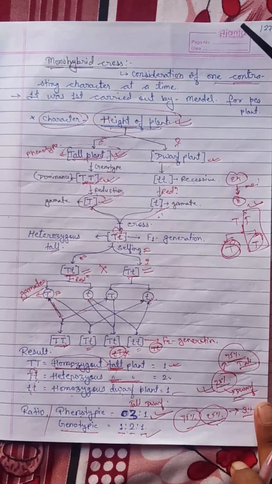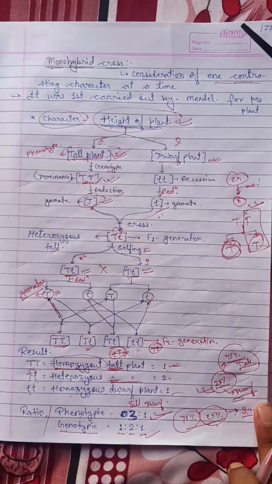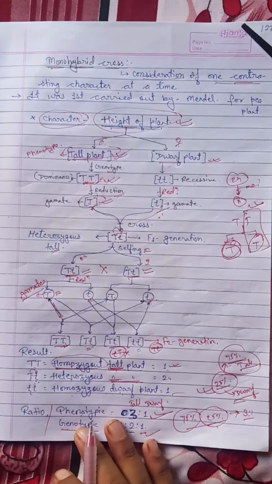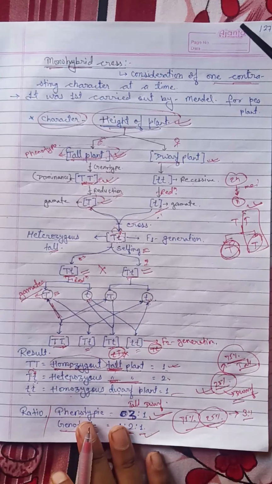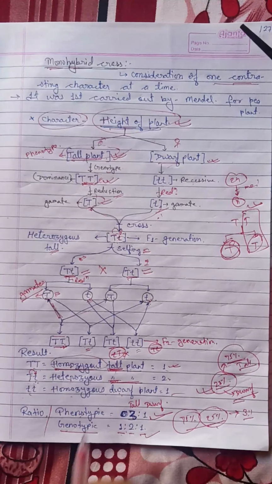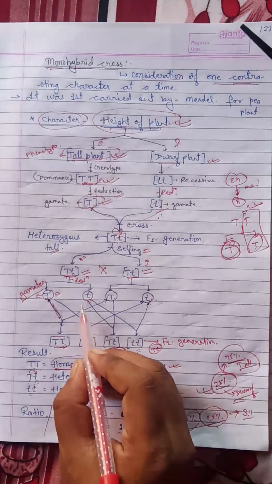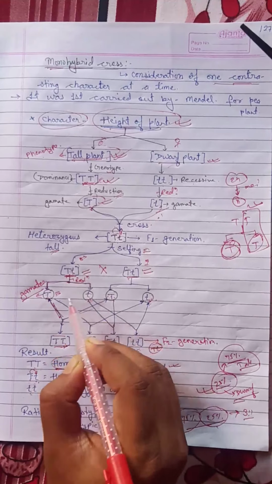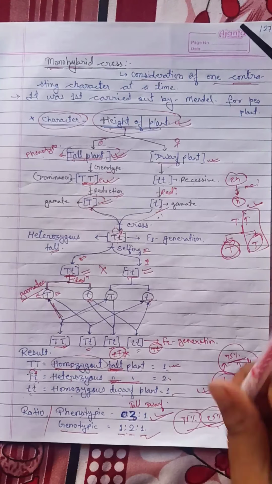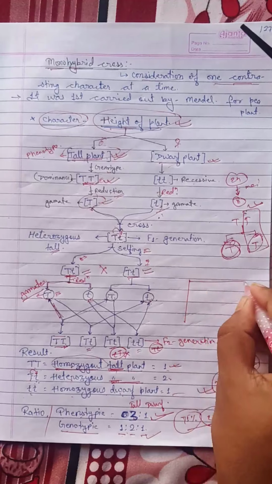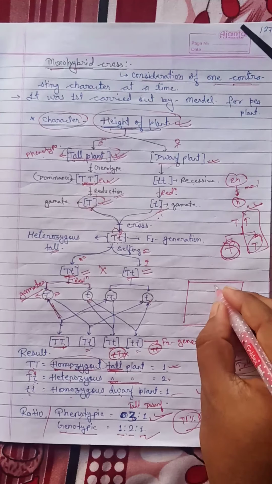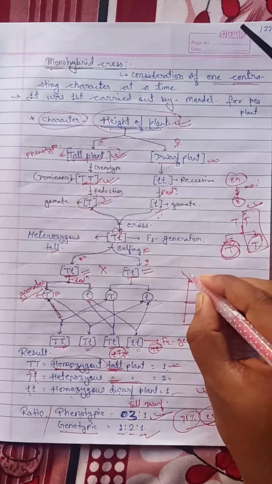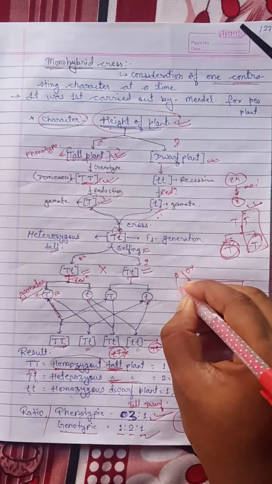Now I want to tell you one more thing: this is the simple cross, and we can also use a Punnett square box for the crossing. Suppose the gametes formed in the monohybrid cross are 2. It is the Punnett square box, here the male and here the female.